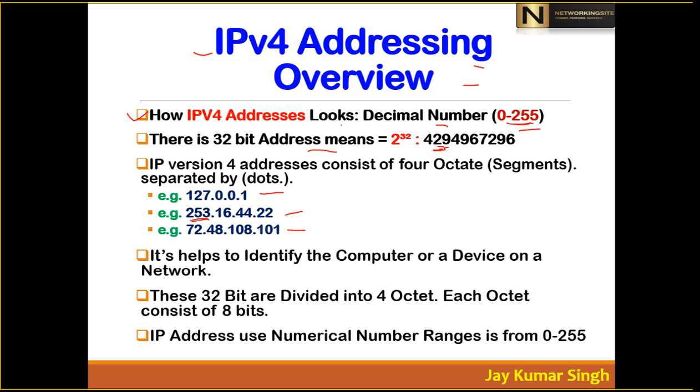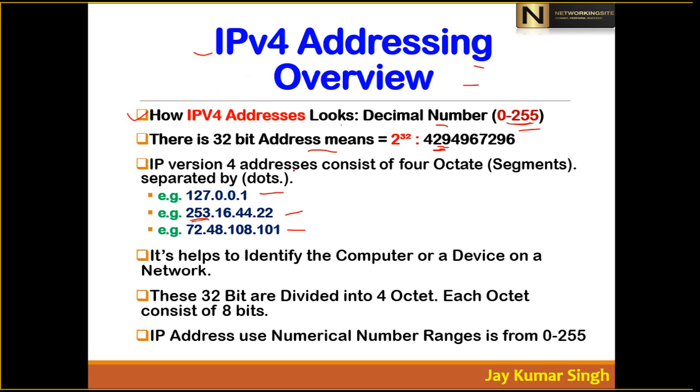So total we have 4.2 billion addresses and 7.6 billion people, so the IP addresses are not enough. That's why IPv6 came, because of the shortage of IPv4.